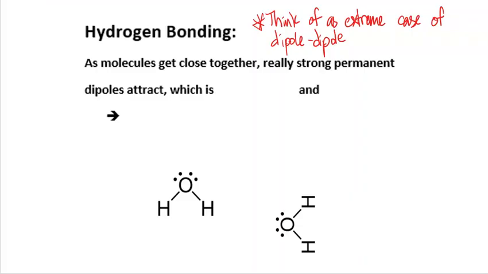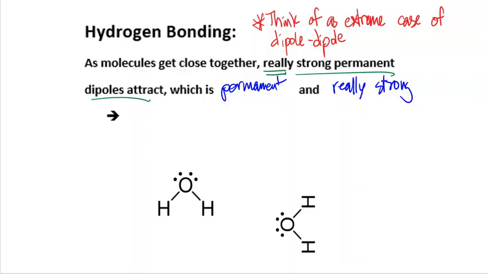So it's not a bond in the way that we think of a bond. I don't like the name hydrogen bonding. But what is it and how does it happen? Well, as molecules get close together, if we have really, really strong permanent dipoles that attract each other, then that is hydrogen bonding. And I'm going to write this out again. So it's permanent and really, really strong. Then that is hydrogen bonding.